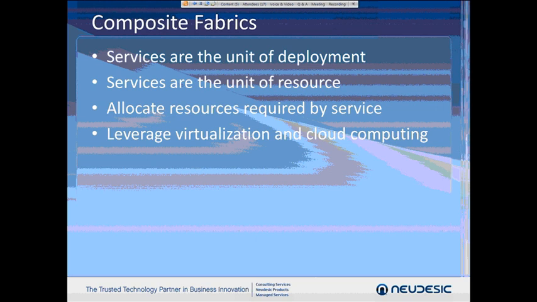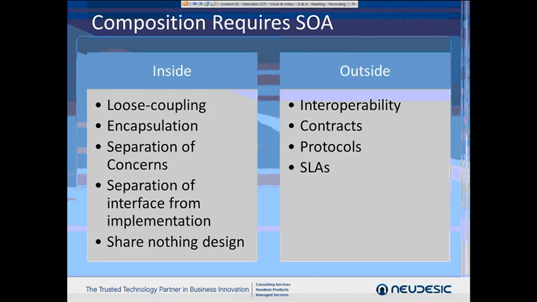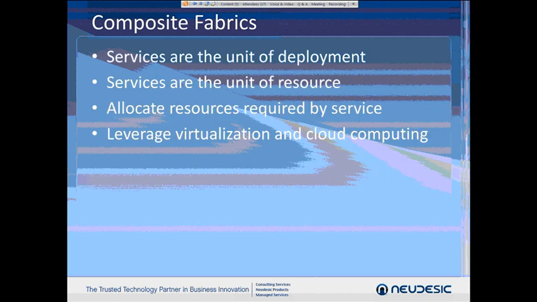So if we're doing the right things on the inside from a loose coupling, separation of concerns perspective, and we're doing the right things from an interoperability perspective, well, now we have basically services that are running somewhere. They need to be managed by somebody. They require resources to be allocated. They obviously want to leverage the best economies of scale, and so you need a way to actually manage those services in a tenable manner.